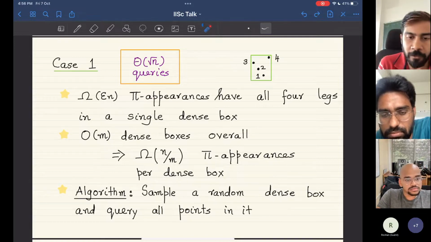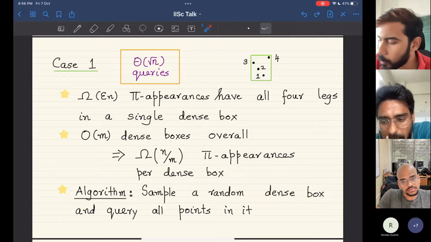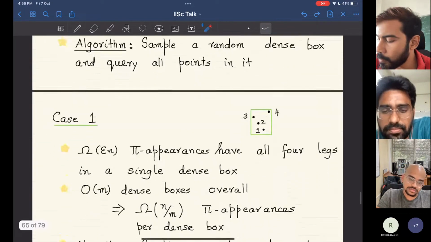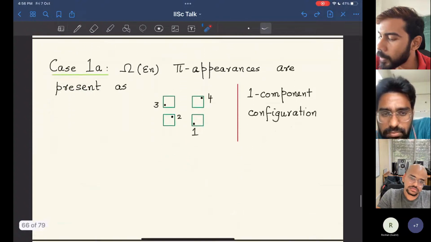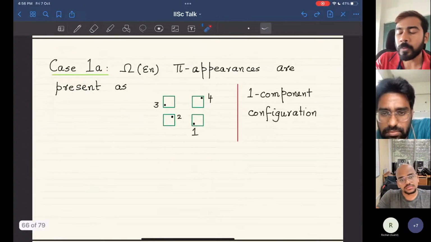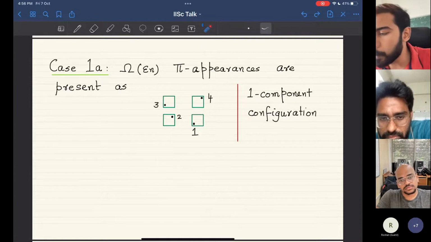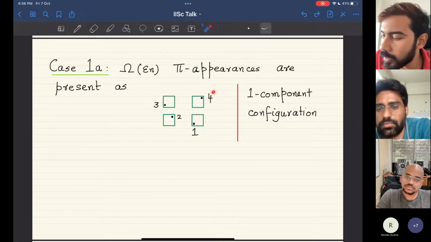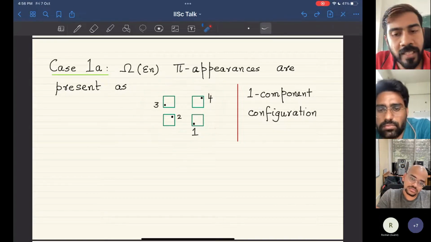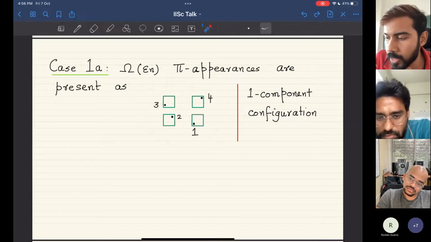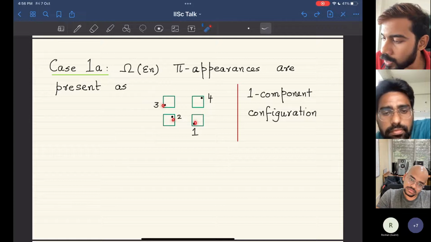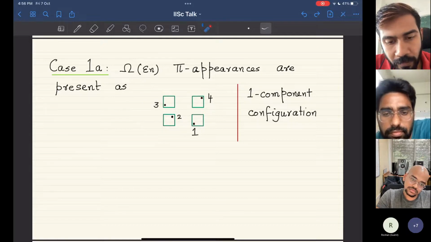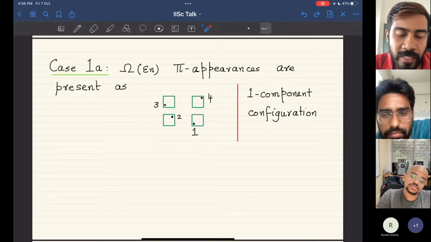There are other interesting configurations. Maybe one more example I can give. Suppose a large fraction of pi appearances are present in this way. Again, it's the 1 component configuration. All of these are connected, right? But 3 is here, 2 is here, 1 is here, and 4 is here. What can I say?